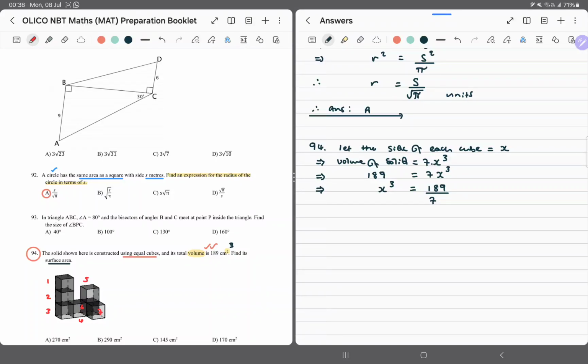Now again, one doesn't have a calculator here, so long division says we've got 7 here. Oh no, space is key. Careful there. So we've got 189.